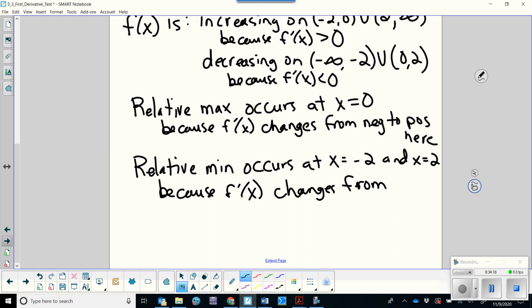Oh yeah, so the other one was, sorry, the first one up here, this was the relative max, I'm sorry. So the relative max occurs because it changes from positive to negative. So be sure you get that switch. So hit pause and fix it. And then the relative mins is where it goes from negative to positive. Okay, here. So at those places, okay, because that's where it occurred.